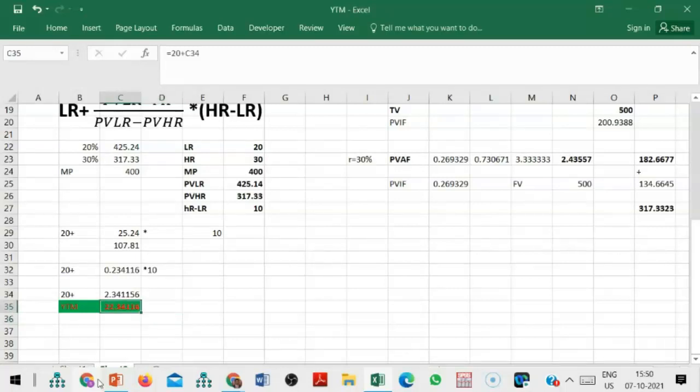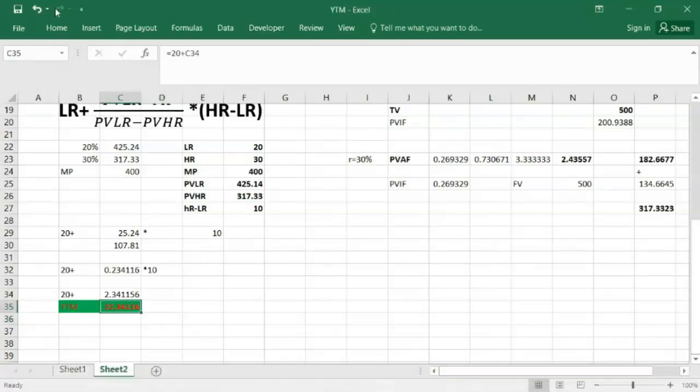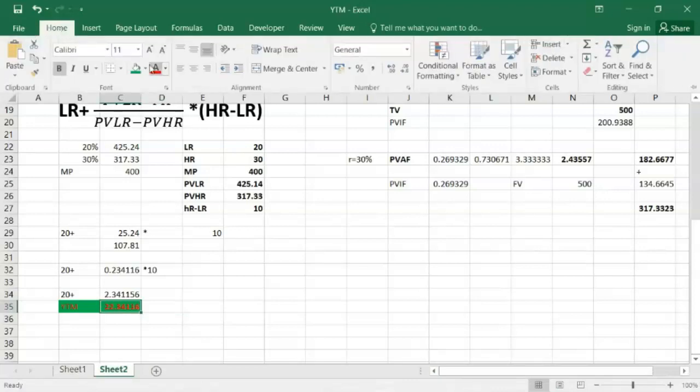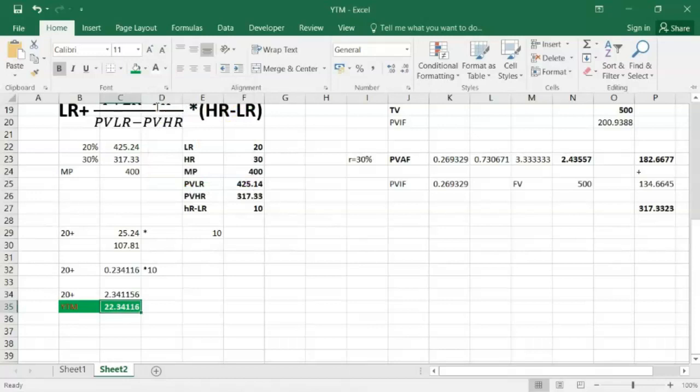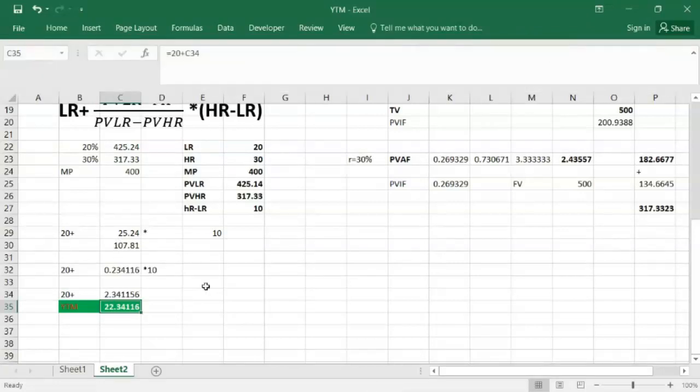I'll just change the color. You can take 22.34 as the YTM and do the calculation to check whether 400 is equal to 400 or not. This is only for trial purposes.